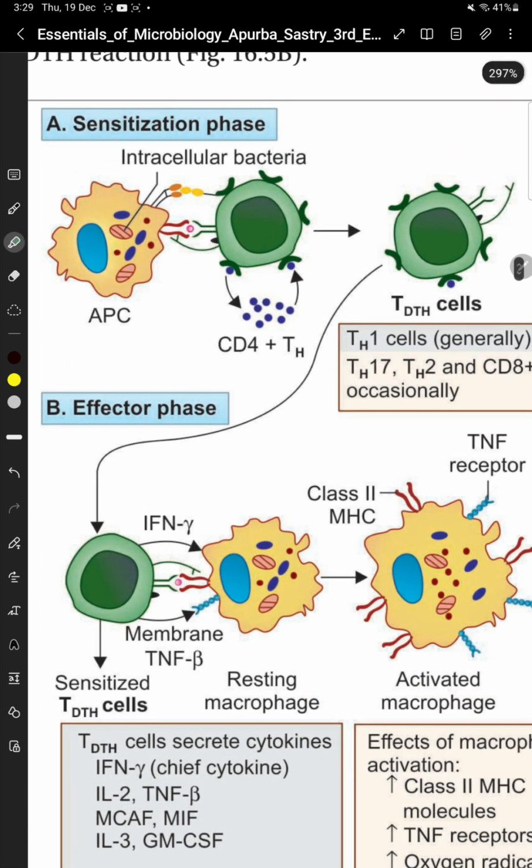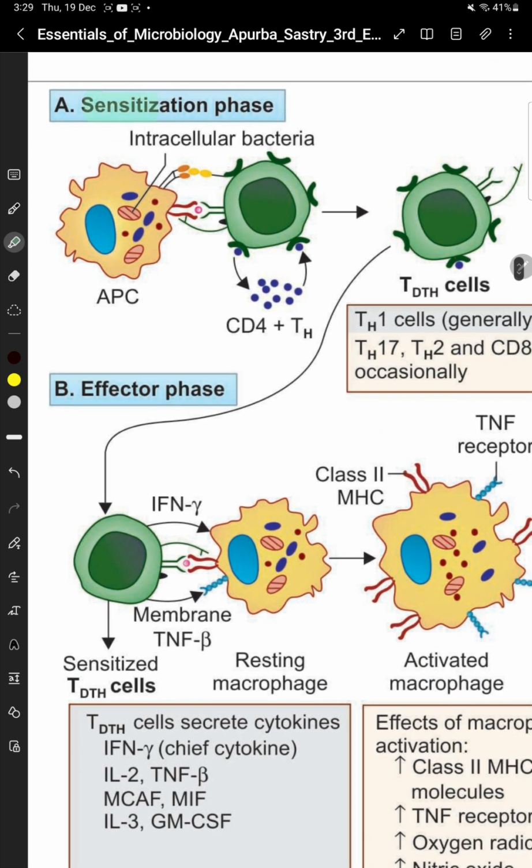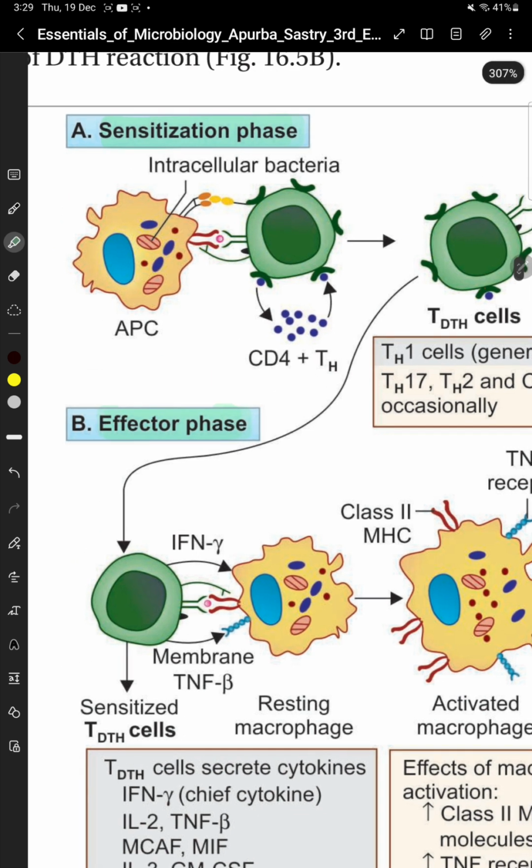It has two phases. First is sensitization phase and then effector phase. In the sensitization phase, we have antigen presenting cells. So antigen presenting cells will process and present the antigen along with MHC2.